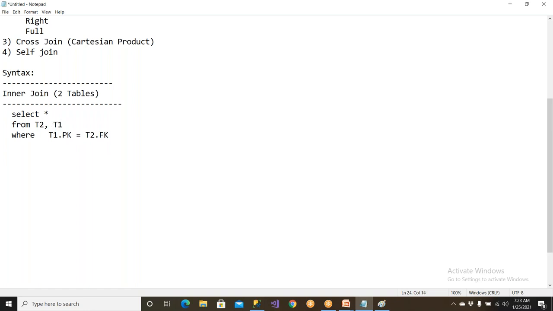You will be able to get the same data. Any table you can take and you should be able to join like this. So common column always, primary key and foreign key from these tables. Clear? So this is how you should be able to join two tables.